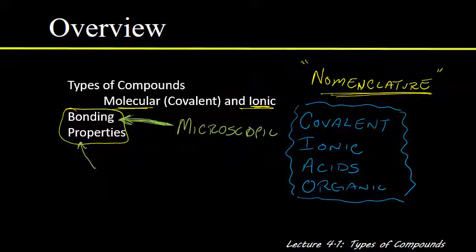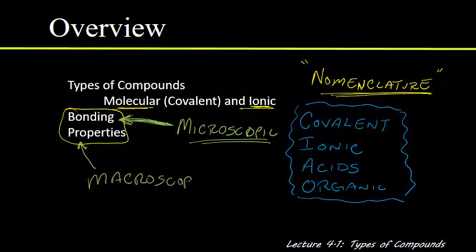One of the things we want to understand is how the different ways that molecules are constructed, those microscopic bonding properties, influence the properties that we actually see, which are part of the macroscopic representation. So what we're trying to get at ultimately, underneath the nomenclature part, is understanding the relationship between the microscopic and the macroscopic.